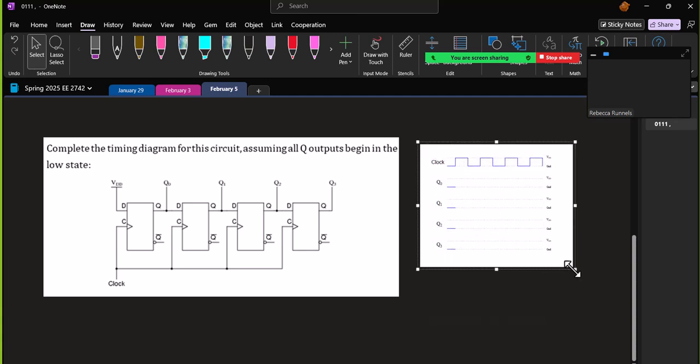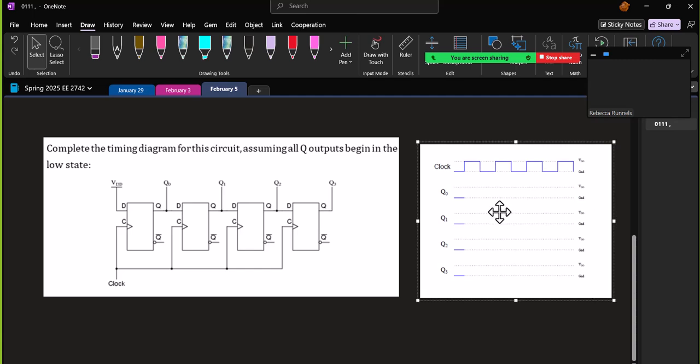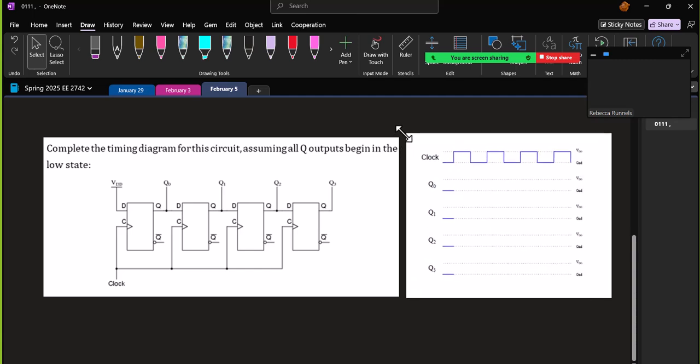It says complete the timing diagram for this circuit, assuming all Q outputs begin in the low state.